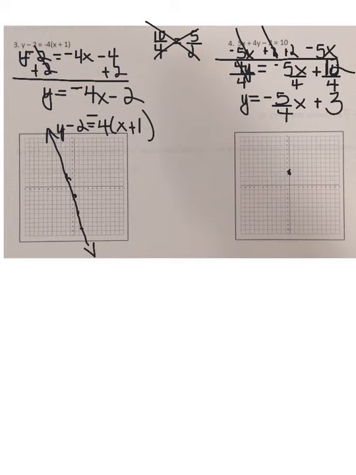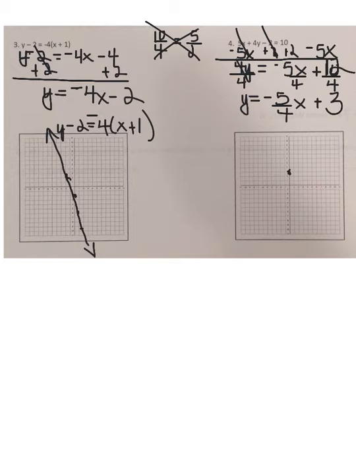0, 3, and then I'm going down 5, so 1, yeah, I have to put on my pointer because I can't find it otherwise. All right, so I've got 1, 2, 3, 4, 5, and over 4 to the right. 1, 2, 3, 4. So I'm at 4, negative 2.